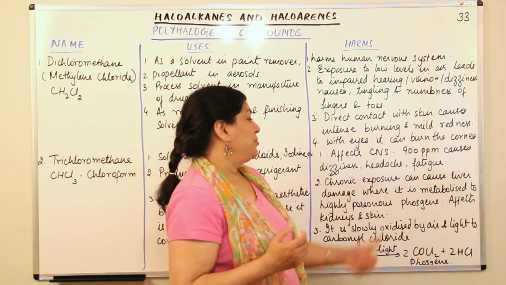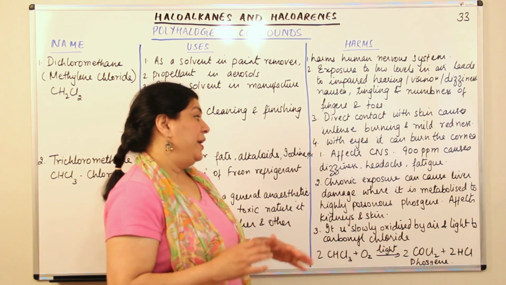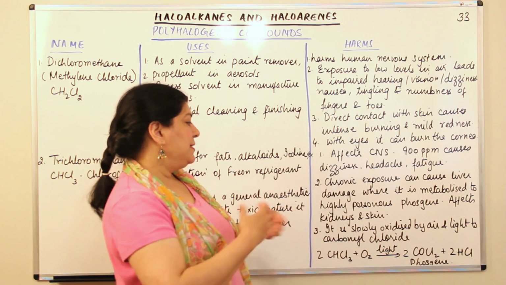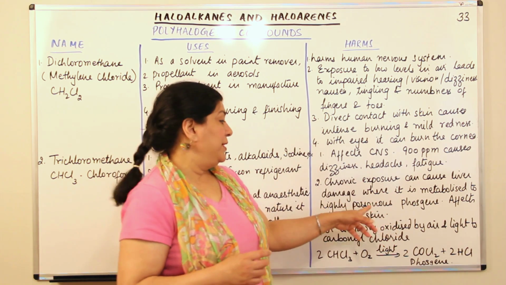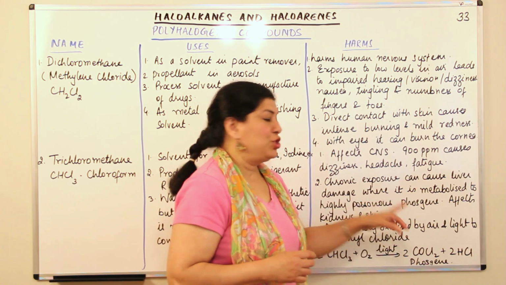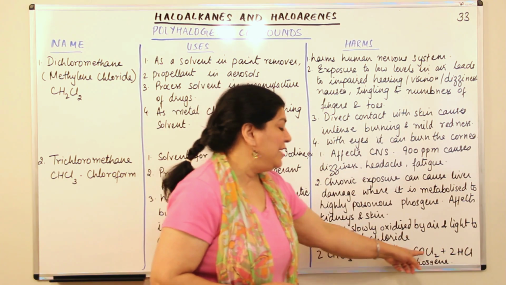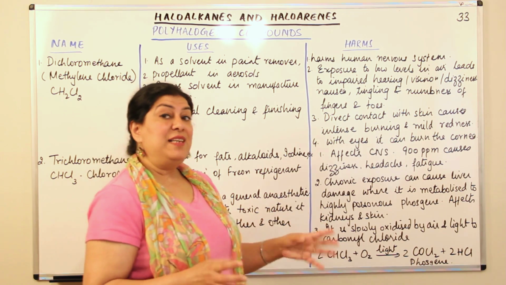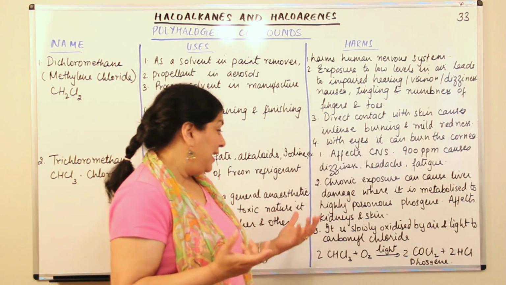Chronic exposure can cause liver damage, where in the liver it gets metabolized into a highly poisonous substance which is known as phosgene. Phosgene is COCl2, which is extremely toxic. And it affects the kidneys, it affects the skin.